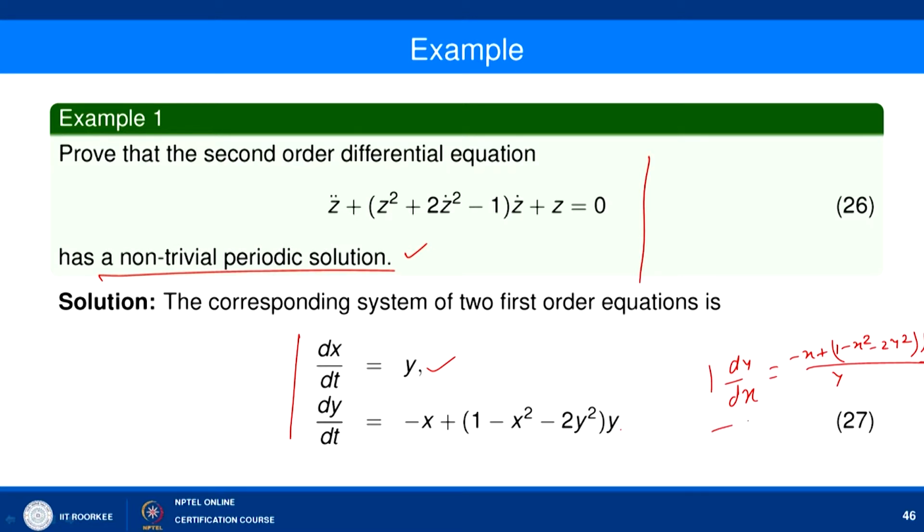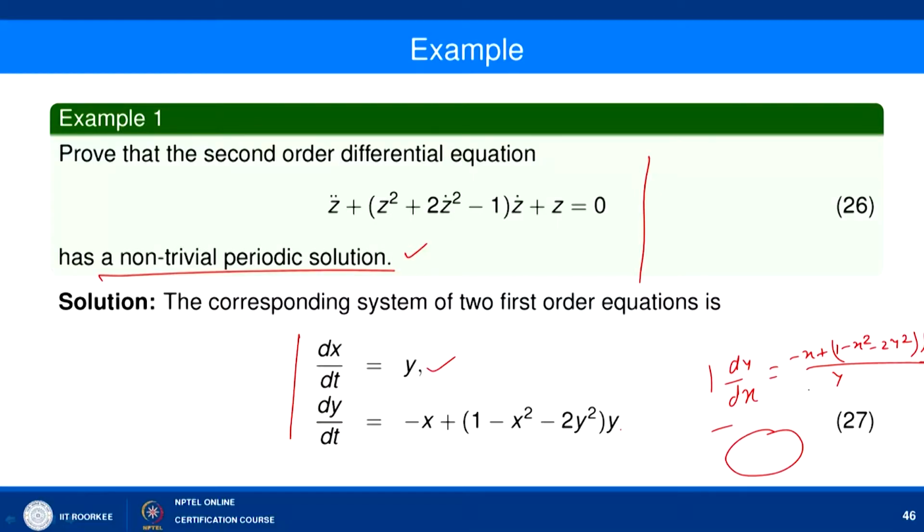If this orbit comes out to be a closed curve and does not contain any equilibrium point, then this orbit corresponds to a non-trivial periodic solution.